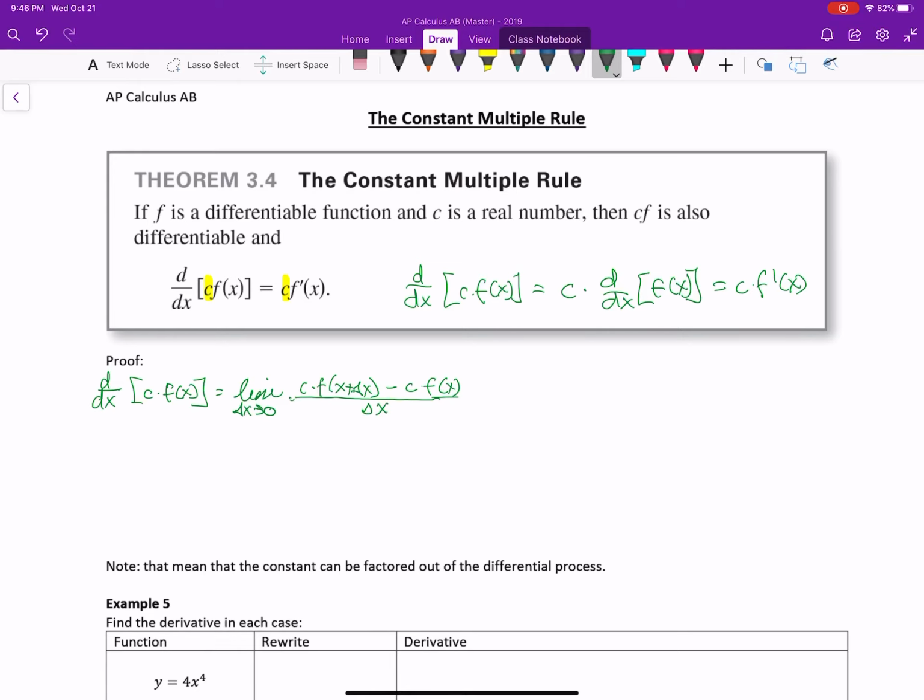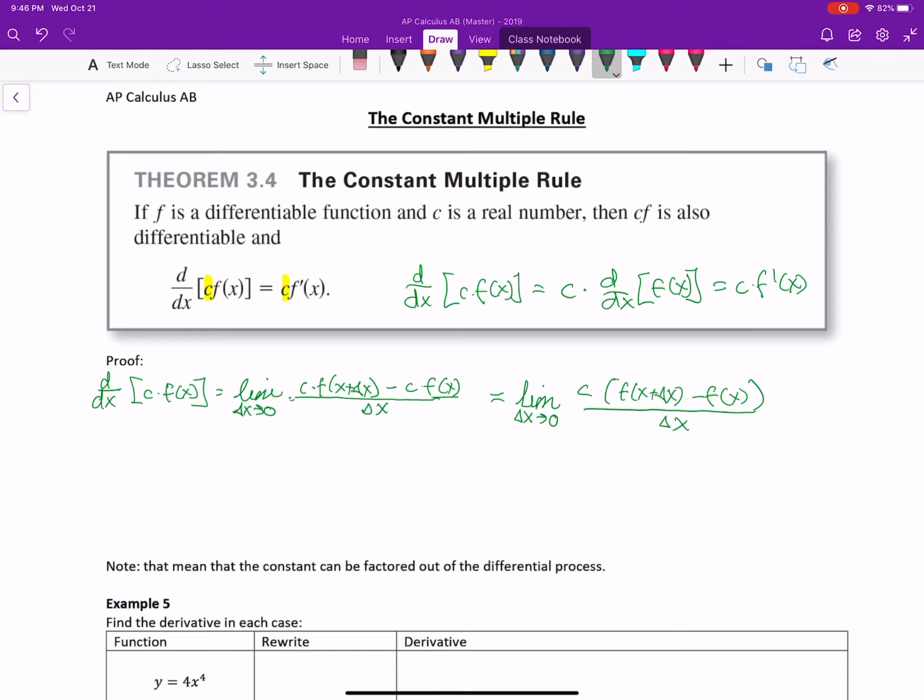I could rewrite that in the numerator. We have c that can factor out. So delta x approaching 0, factor out the c, and we get f of x plus delta x minus f of x in the numerator, all over delta x.